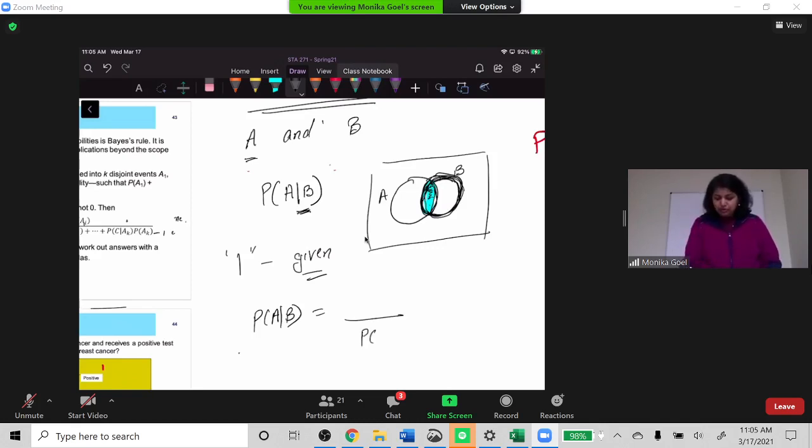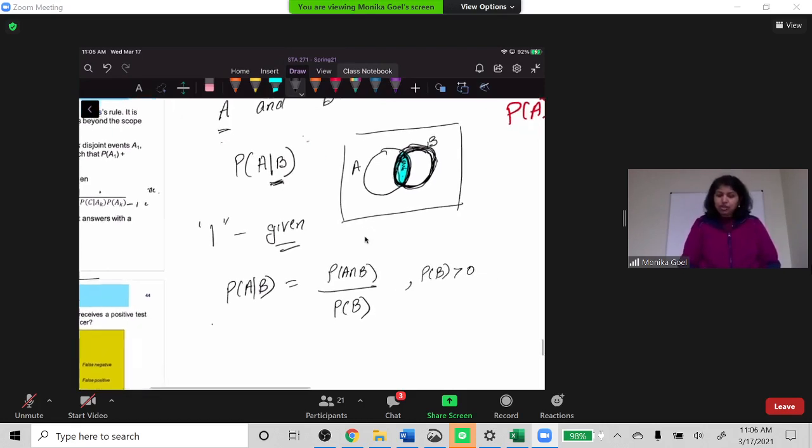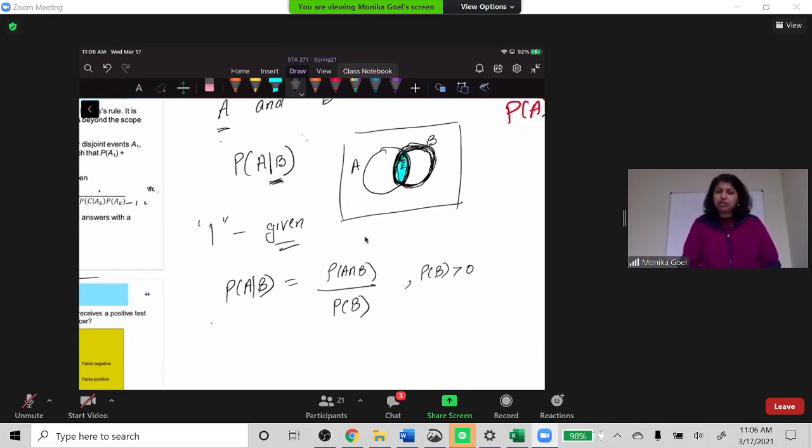Because B is given, I divide by the probability of B. And the numerator is the probability of A that is in B, so that means the intersection of A and B. And again, the probability of B should be greater than 0. So this is what conditional probability is.